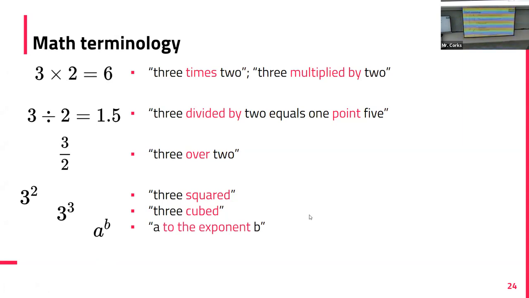Some teachers, especially if you listen to Americans talk about math, would say a to the power b. I think technically this is a little more accurate, but lots of people say the other one too, so both would be fine. A here, the main number, is the base, and then the b is the exponent, and then the two together are a power.